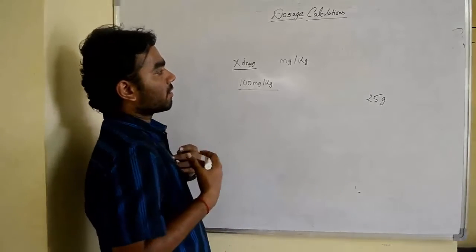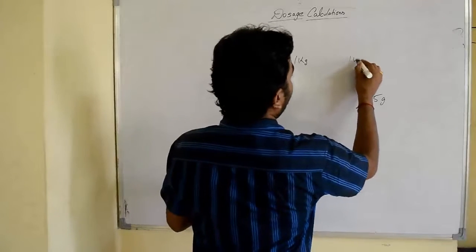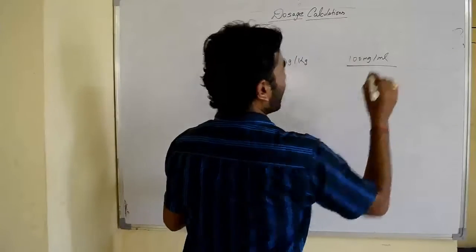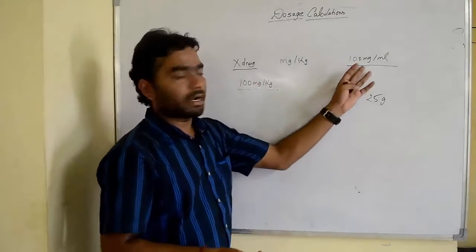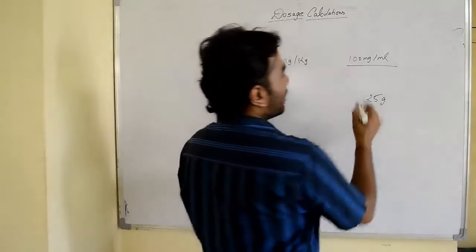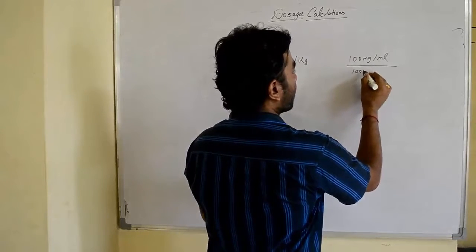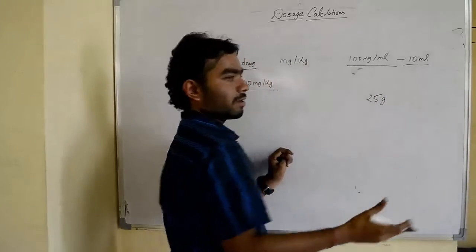I am taking a stock concentration of 100 mg per ml. I prepare like this. I take 100 mg and make it up to 1 ml. I get 100 mg per ml. Otherwise, if I have a larger number of animals, I'll take 10 ml.